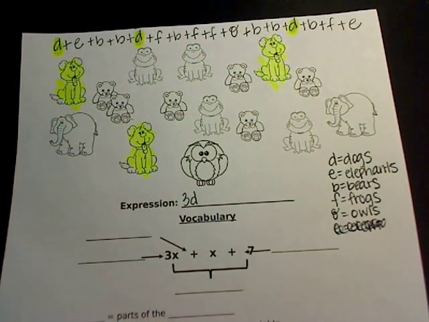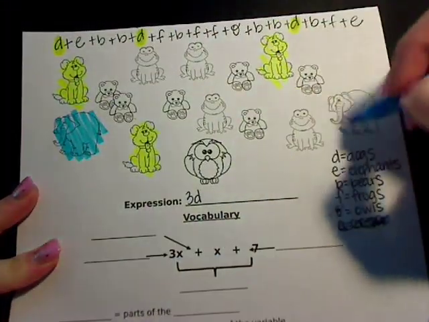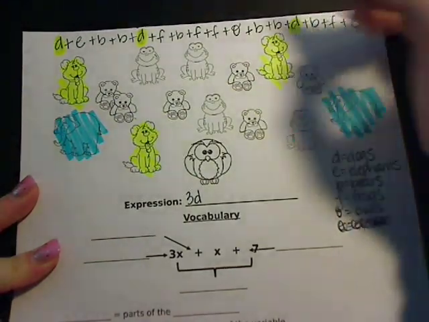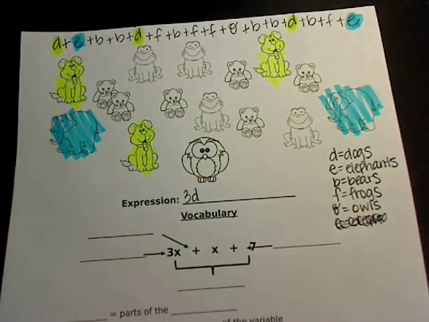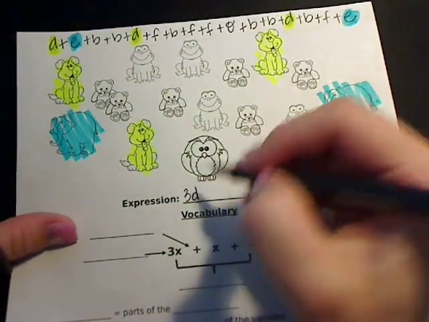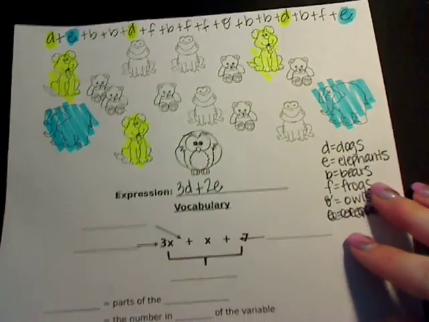Now let's combine the elephants. Here's an elephant, here's an elephant, E and E. In all, I have 2 elephants, so plus 2E, or 2 elephants.